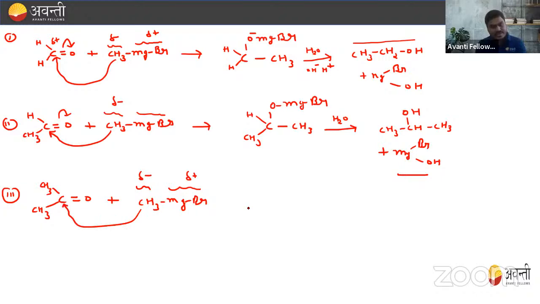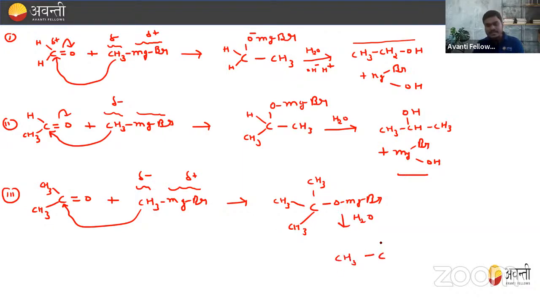So this CH3 attaches to this carbon atom, and they form CH3, C, again CH3, and O, MgBr, with this CH3 coming into the picture. Now, upon hydrolysis, what do they form? They form CH3, C, again CH3, and OH, and MgBr and OH. So we get the tertiary alcohol, right?